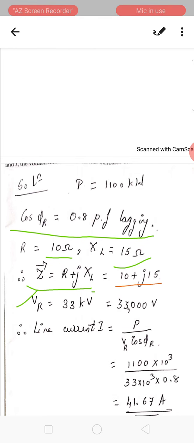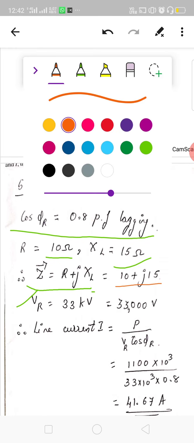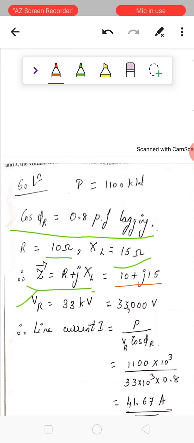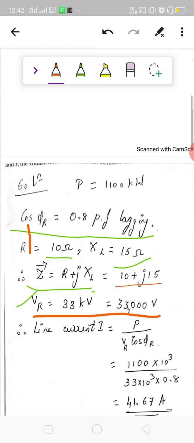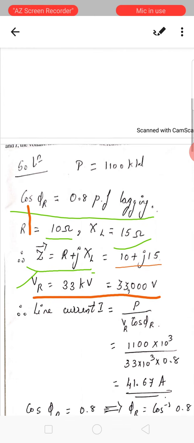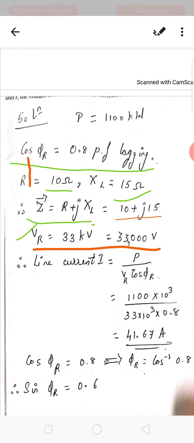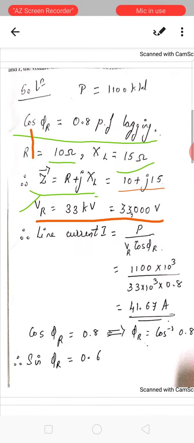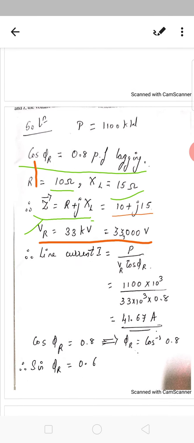Right, VR is 33 kilovolts, so we have VR as 33 thousand volts. Next I have to find the line current.